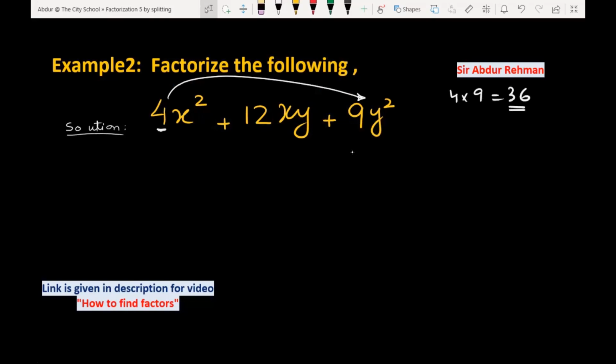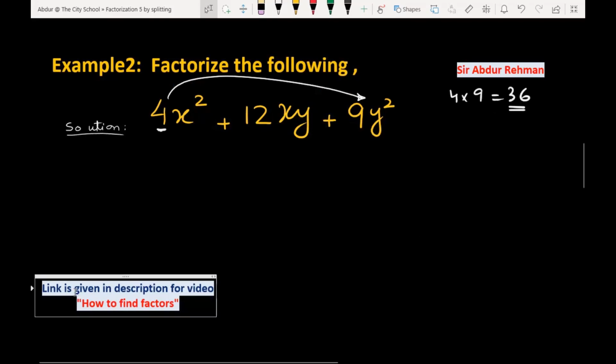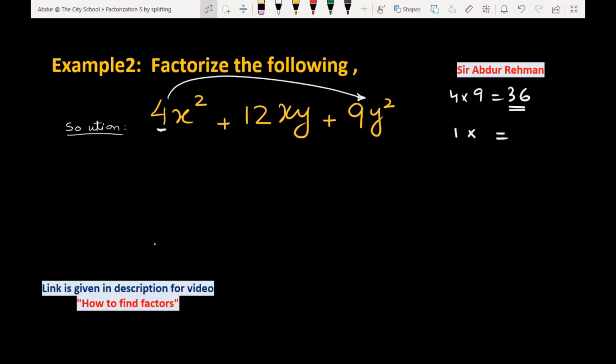Find out the factors of 36. To find factors, you can watch the video on how to find factors, and I have given the link in the description for this video. Finding factors: 1 times what is 36? 1 and 36.